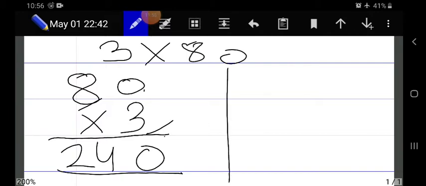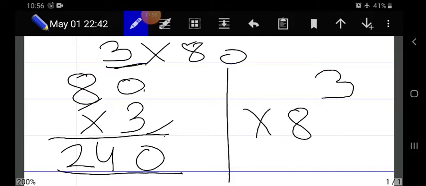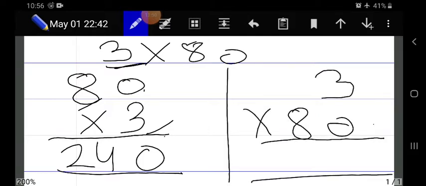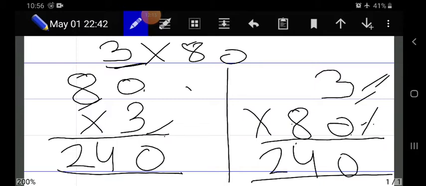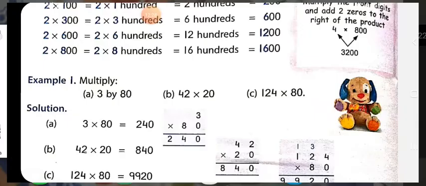Or you can do it like this: as 3 is written before, you can do 3 multiply by 80. 0 3s are 0, 8 3s are 24. If you prefer this then you can do this, and if you want to do the other you can do that also. Both methods are correct. As I have told you, this is the simple one.